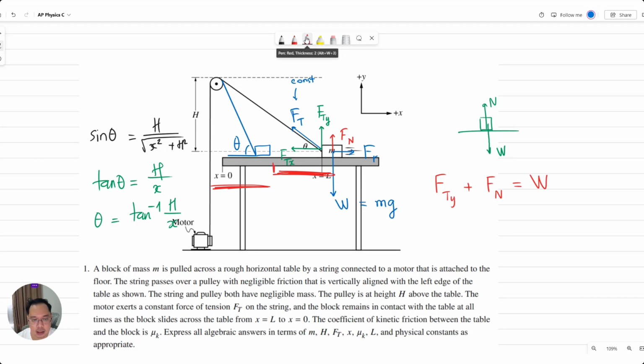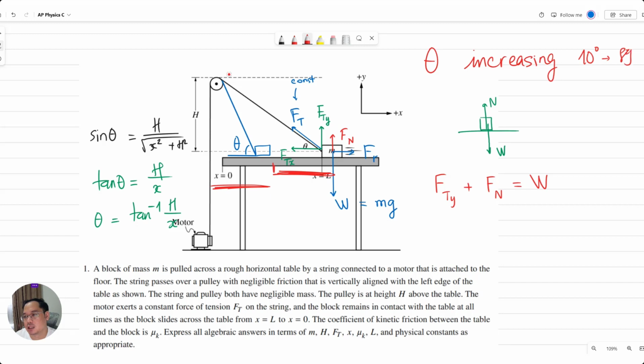We can see that the angle increases. The angle theta increases when the object moves to the left, and therefore cosine of an increasing angle, this angle increasing from not 0, for example, this is 10 degrees, just an example, okay? From 10 degrees going up to here almost 90 degrees.